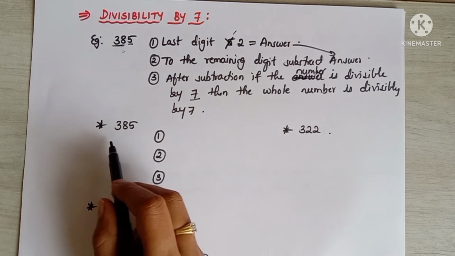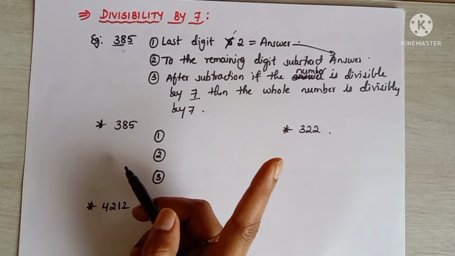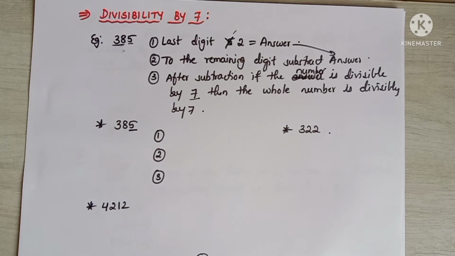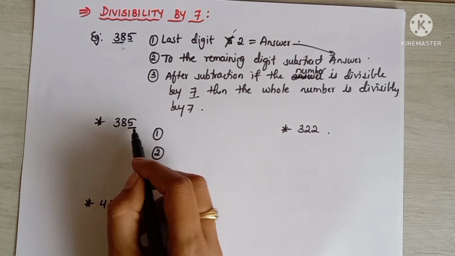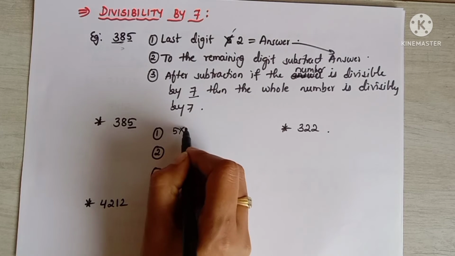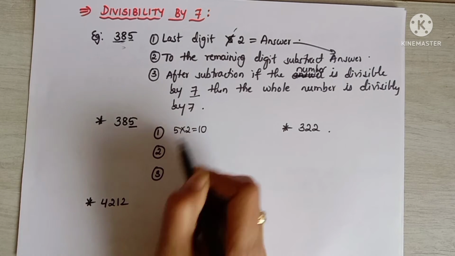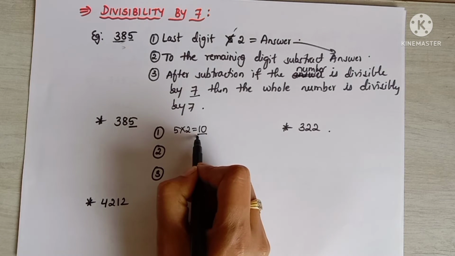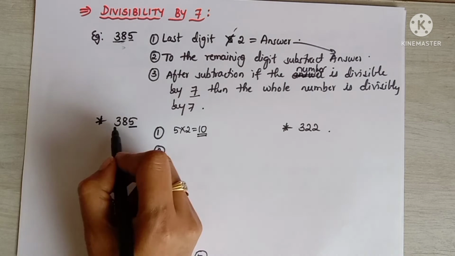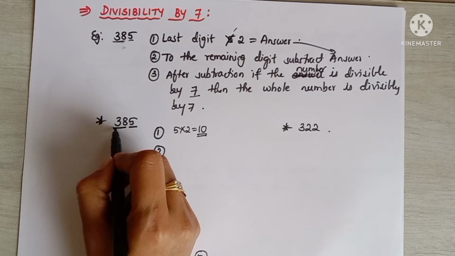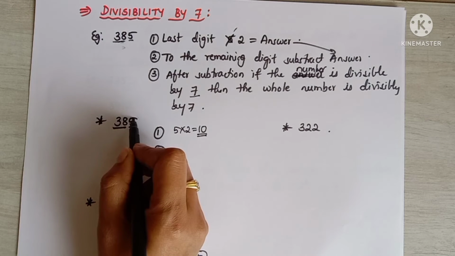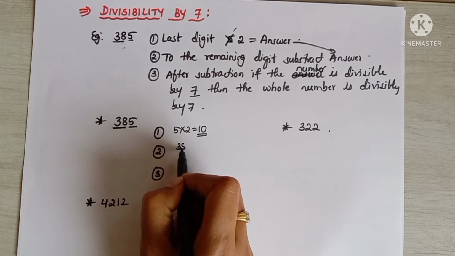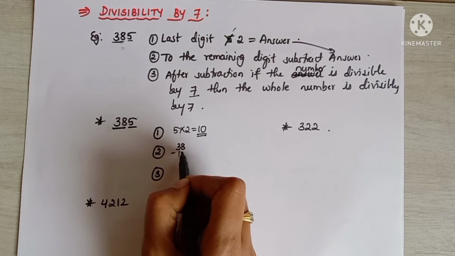Let us take 385. What do we have to do? First, we have to multiply the last digit by 2. Here the last digit is 5. Multiplying by 2, this will be 10. After multiplying, this 10 should be subtracted from the remaining digits, leaving the last digit. Therefore, we subtract 38 minus 10.